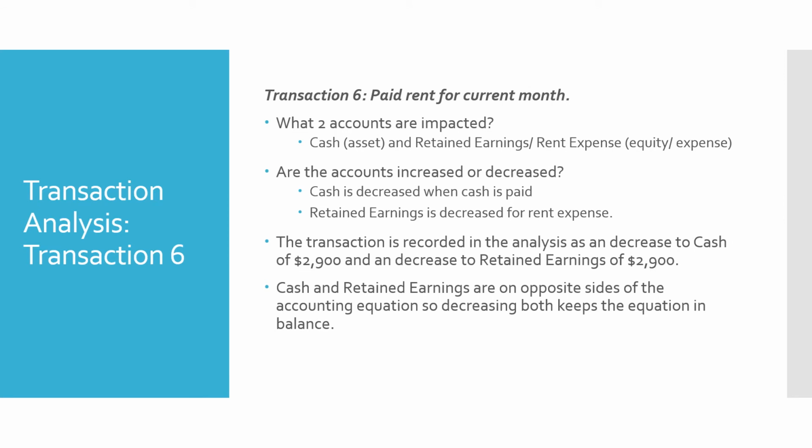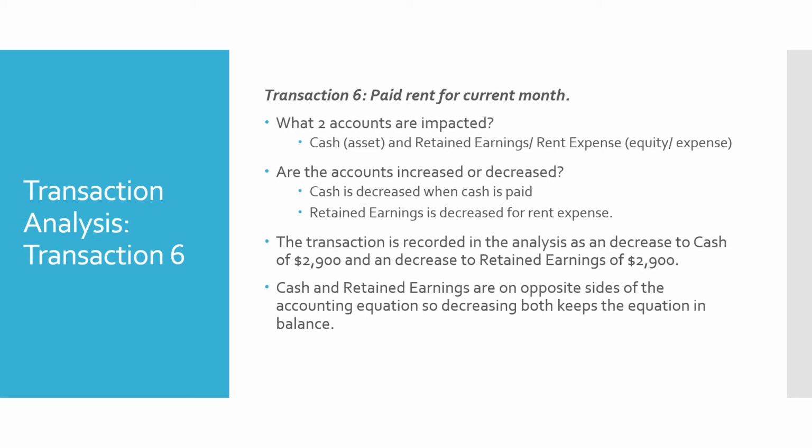Transaction number 6, we're going to pay rent for the current month. We've talked about how if we make an expenditure and it only benefits the current period, it gets recorded as an expense. On the other hand, if it benefits future periods, we record it as an asset. So in this case, it clearly states that we're paying rent for the current month, so it is rent expense.